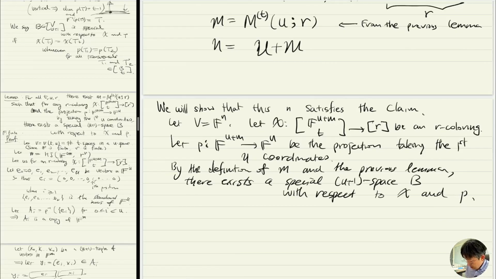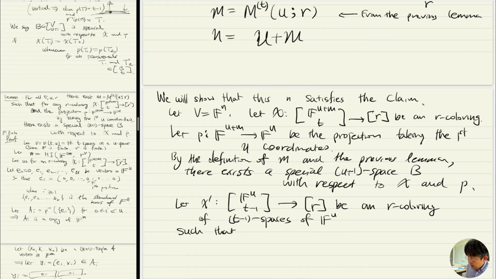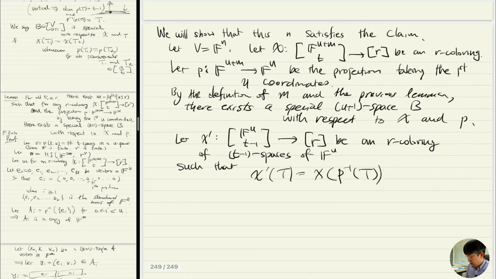Now let chi prime be a coloring of the T minus 1 spaces of F^U such that chi prime of T is chi of P inverse T. In other words, what does this mean?